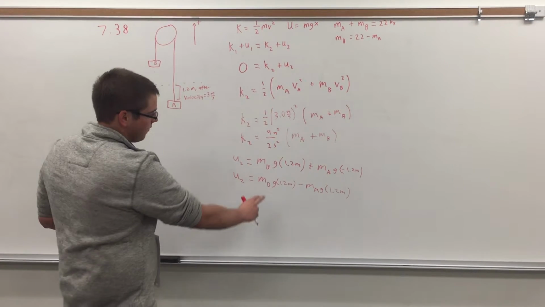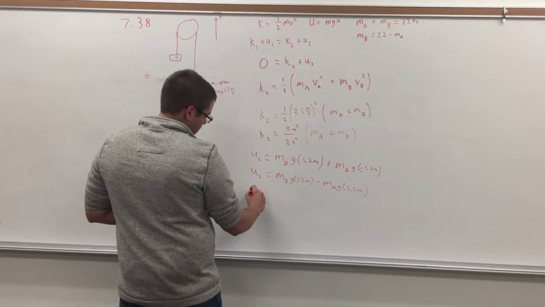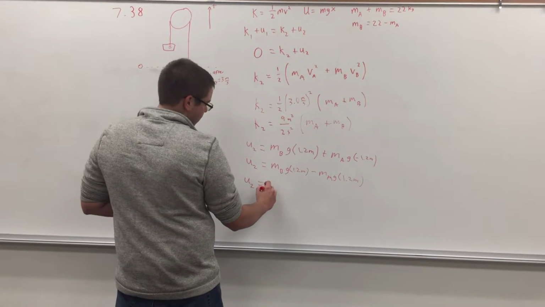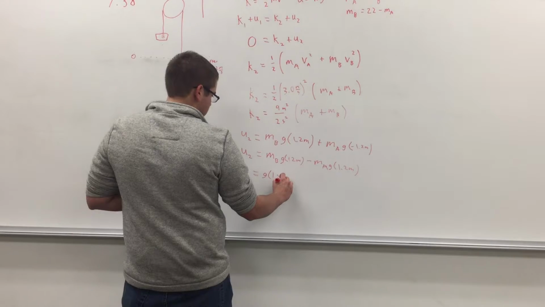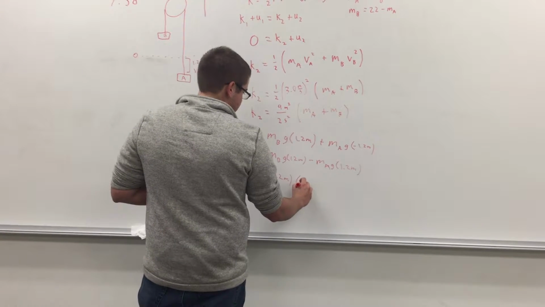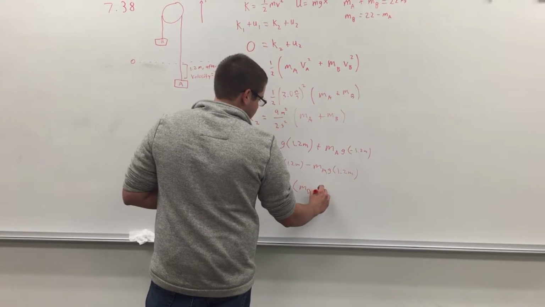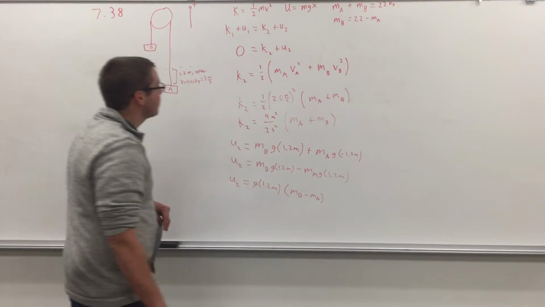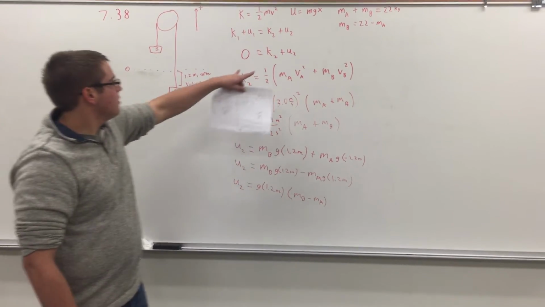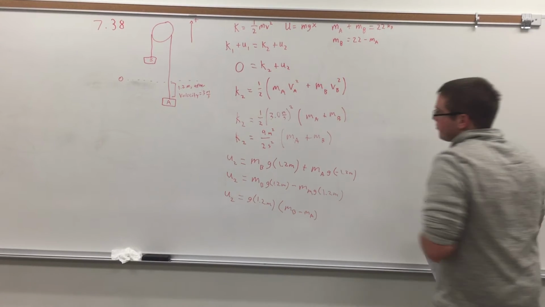Now from here, we're going to factor out our G times 1.2 meters. And we're going to get the potential energy equals G times 1.2 meters times mass of B minus mass of A.